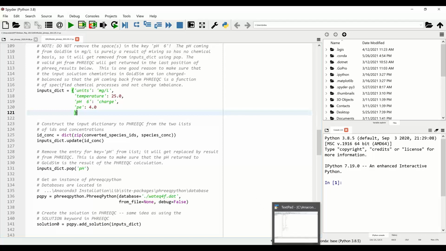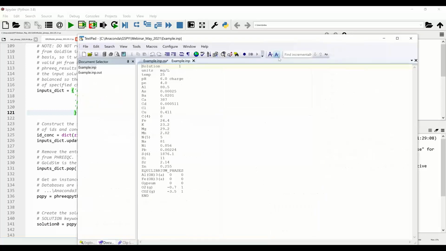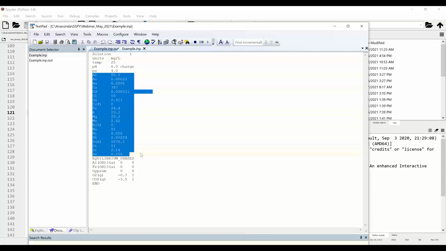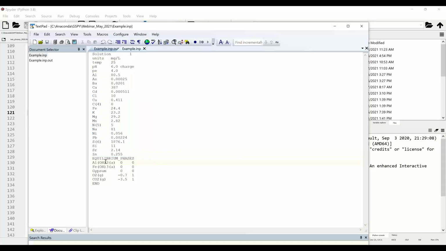In fact, I'm going to go to TextPad here for just a second. If you looked at a standard input to Phreeqc, this is an example. You have a solution keyword, and then you have a definition with units and all the different options. And then you have a list of concentrations, followed by, in this case, equilibrium phases as another keyword, where I have equilibrated the solution with aluminum hydroxide, iron hydroxide, and gypsum, with a saturation index of 0 and an initial amount of 0 moles per liter.